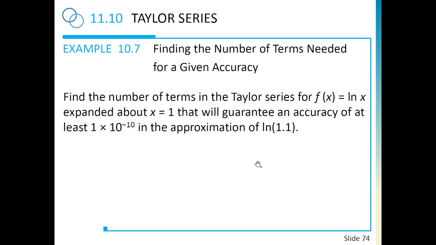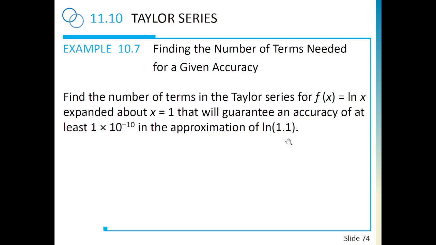Another question could be, how many terms do I need to use in the Taylor series? So what is the degree of the Taylor polynomial that I need to use in order to get a certain accuracy? So here they want the error to be smaller than 10 to power minus 10. So again, we are using ln x and we are approximating 1.1. So the previous question was, use polynomial degree 4, get an approximation, and tell me what's the error.